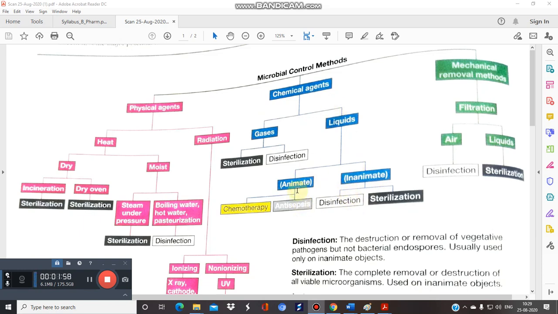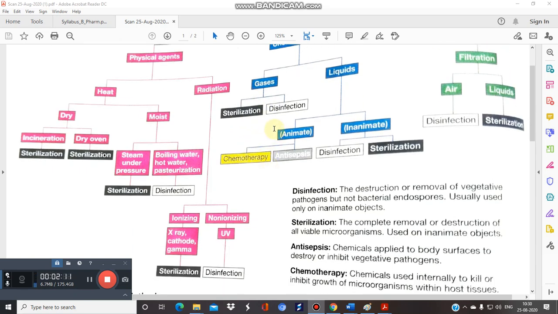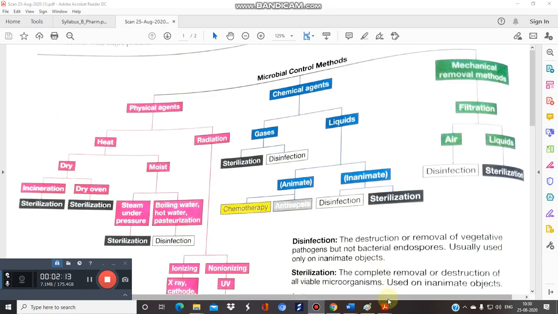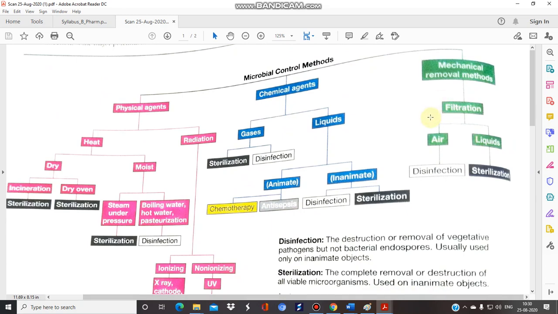And for living objects, we go for antisepsis or antiseptics. Whereas in the case of gaseous, we have different gases like ethylene oxide, or you can say formaldehyde, that is widely used for sterilization and for disinfection purposes. Last but not least, as per this book, the methods are mechanical removal methods, divided into filtration. We have air filtration and liquid filtration.